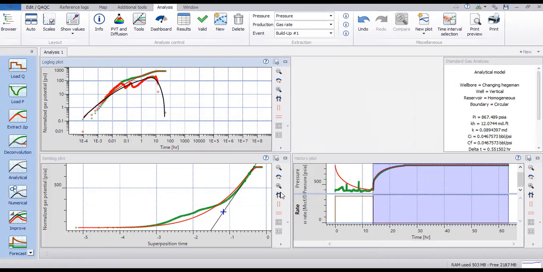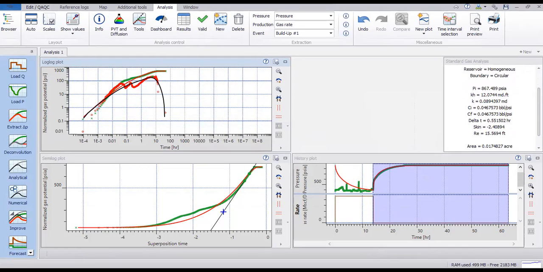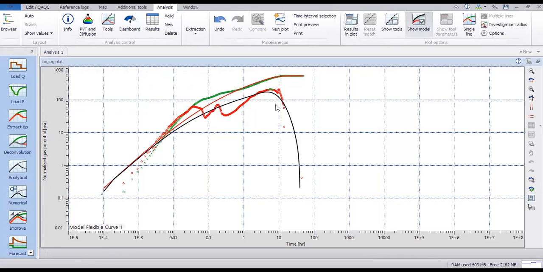Okay, so all right. So let's check first. So the permeability is small, okay. Skin. So the skin is minus, okay. We can take that because the gap between the pressure and derivative is quite small, you know.